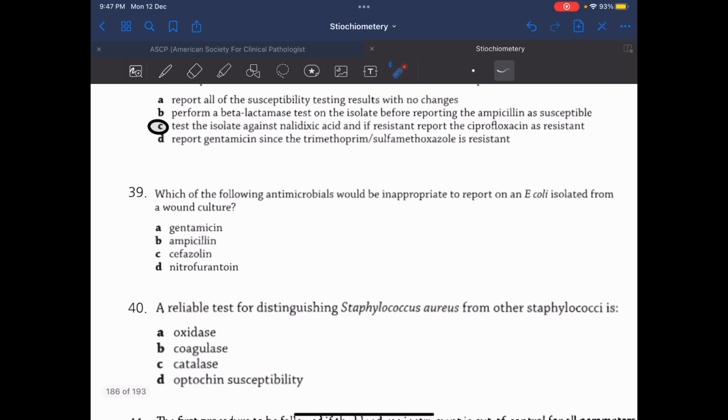Question 39. Which of the following antimicrobials would be inappropriate to report on E. coli isolates from a wound culture? Gentamicin, ampicillin, cefazolin, nitrofurantoin. The correct answer is nitrofurantoin. Nitrofurantoin should be reported in urine culture only, for isolates from urine culture.